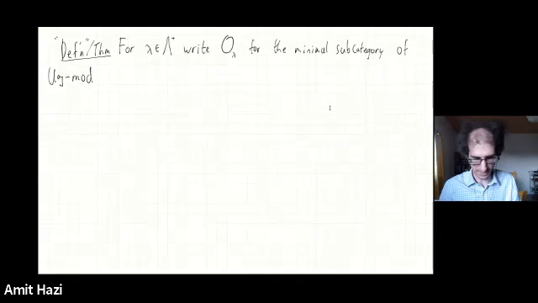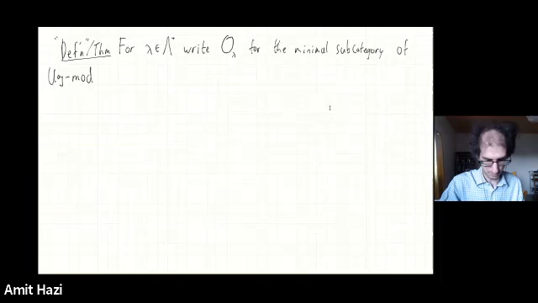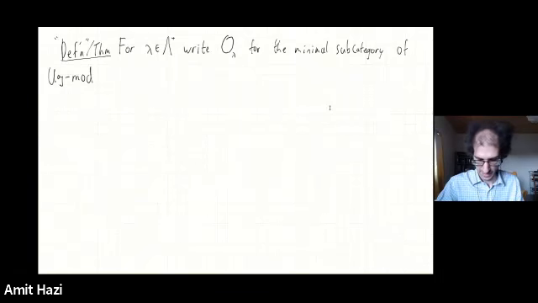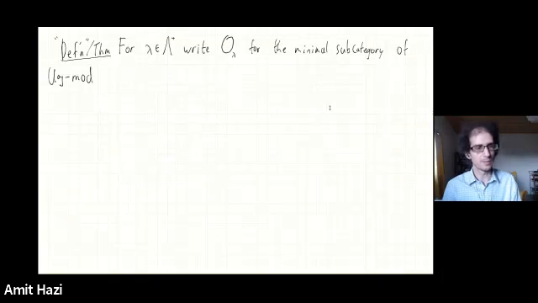Okay, minimal subcategory of this thing, which, well, it needs to contain some things. So first it must contain M lambda, the Verma module corresponding to this dominant integral weight lambda.